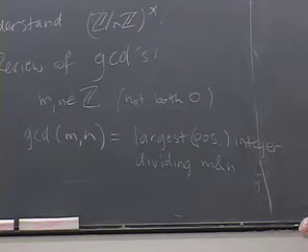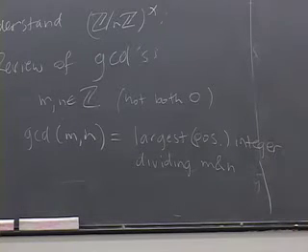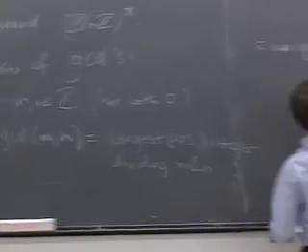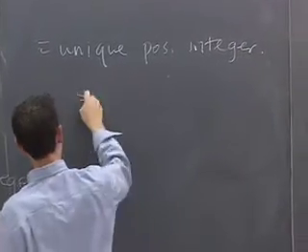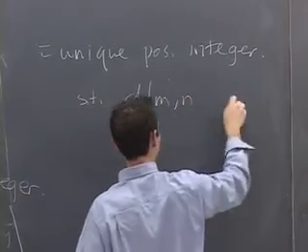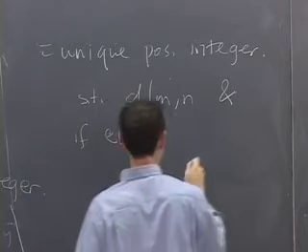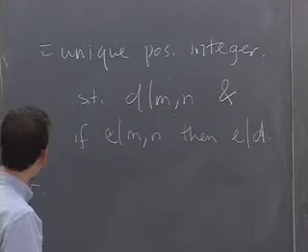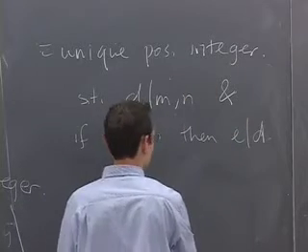There's another order structure induced by multiplication, the division relationship between things. So this is the unique positive integer d such that d divides m and n, and if e divides m and n, then e divides d. And it's very easy to verify that this number has this property.